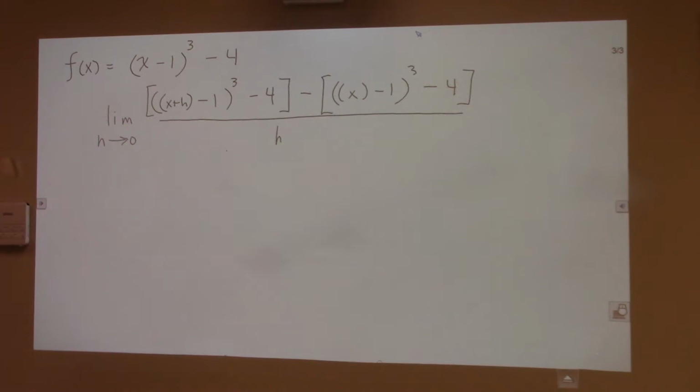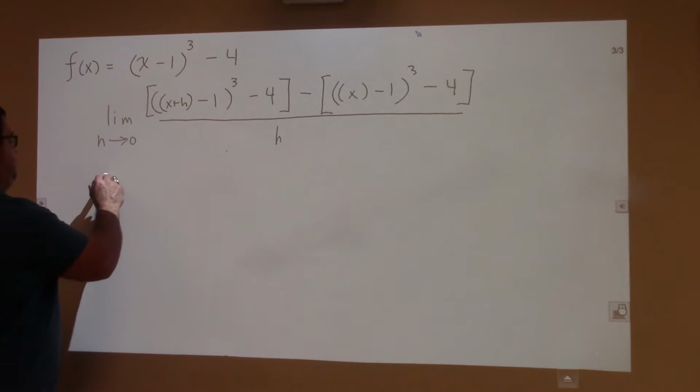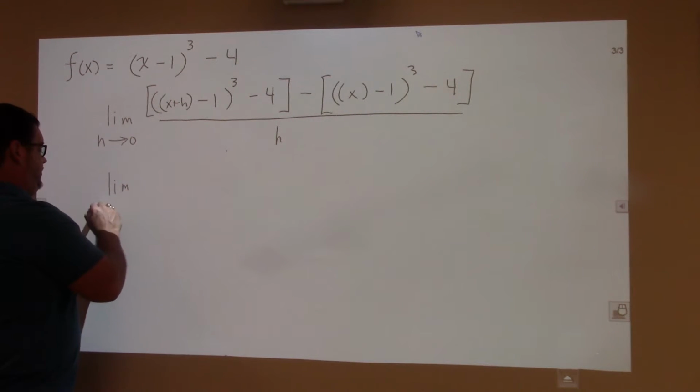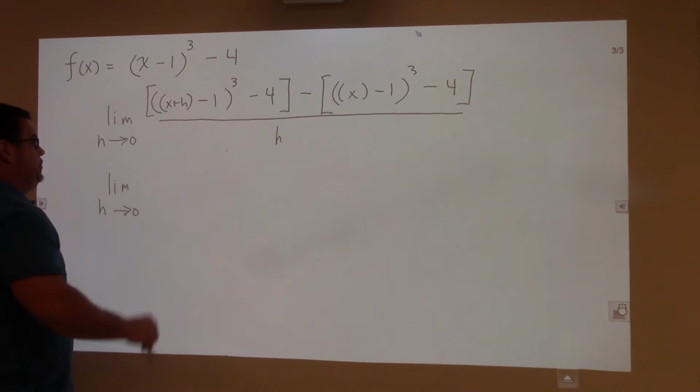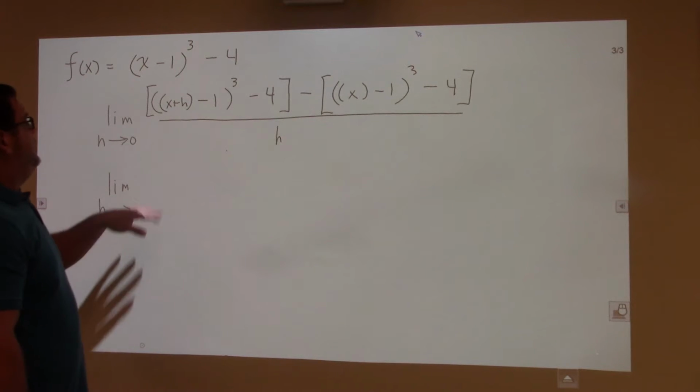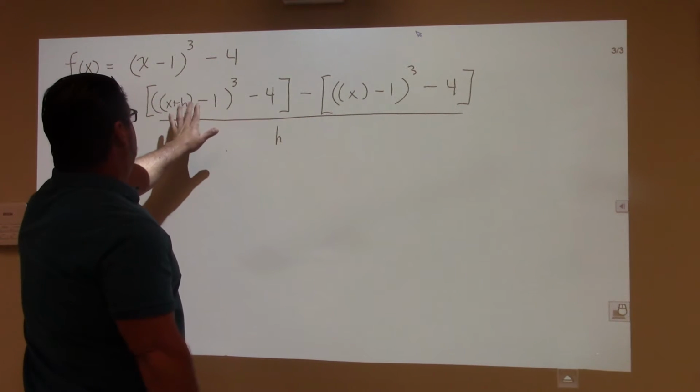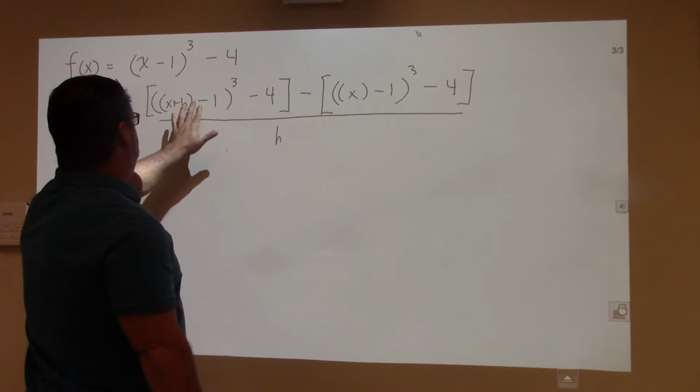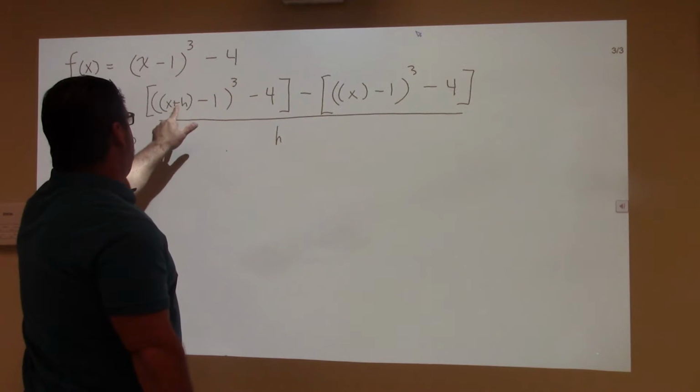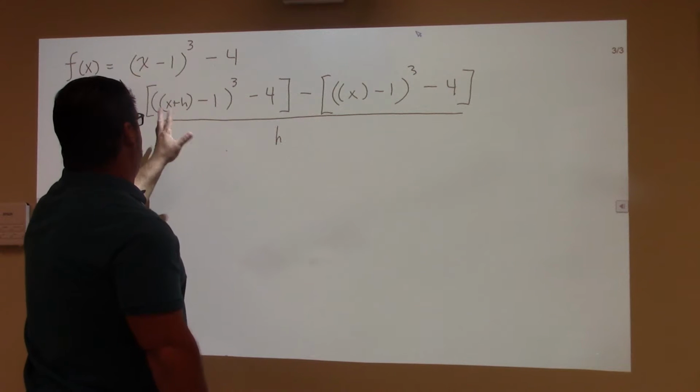Now before we do anything, we got to clean this up because it's a mess. The limit as h approaches 0. Let's see, what can we do here? Well, this right here is going to be a mess because we got a minus b to the third power.